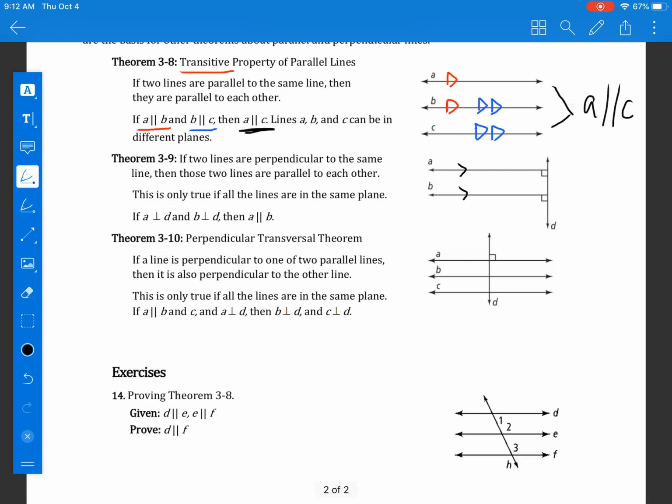Theorem 3-10 is called the perpendicular transversal theorem. If a line is perpendicular to one of two parallel lines, then it is also perpendicular to the other line. So it says this is only true if the lines are on the same plane. That's important. If A is parallel to B, so add in your parallel lines.